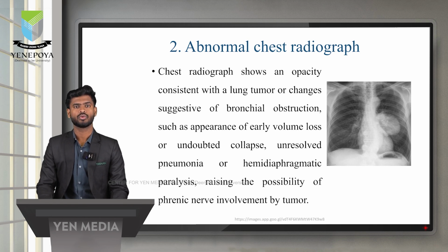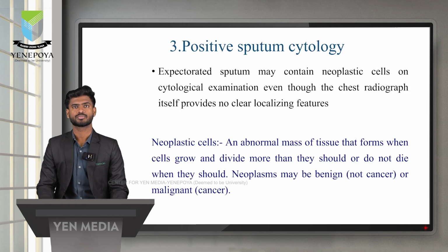Unresolved pneumonia or hemidiaphragmatic paralysis raises the possibility of phrenic nerve involvement. Positive sputum cytology: the expectorated sputum may contain neoplastic cells on cytological examination, even though the chest radiograph itself provides no clear localizing features.